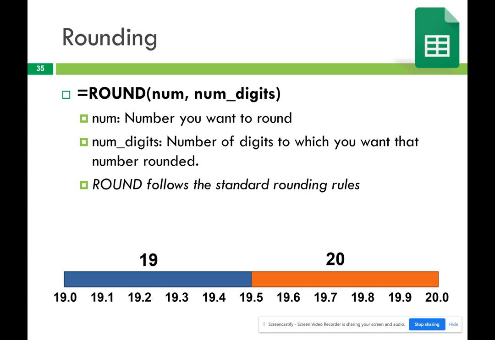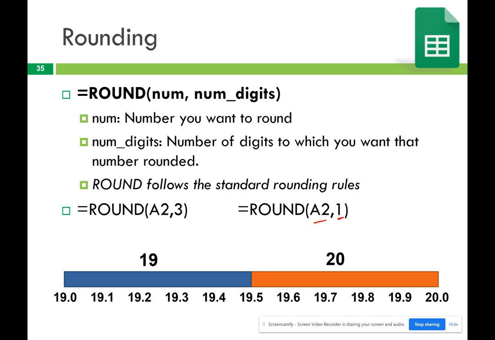So here's an example of what that might look like. Equals round, A2, comma 3. Take the number in cell A2 and round it off to 3 decimal places. The second example here, equals round, A2, comma 1. Take the number in A2 and round it off to 1 decimal place.